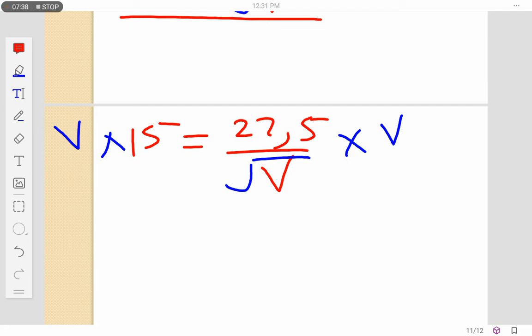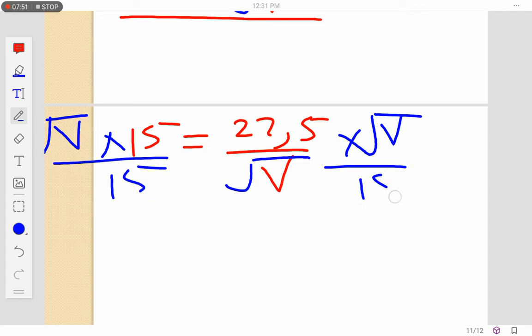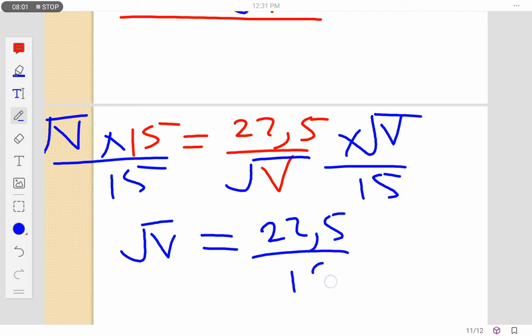So multiplying both sides by square root of V, and then dividing by 15, at the end of the day the square root of V is equal to 22,5 divided by 15.